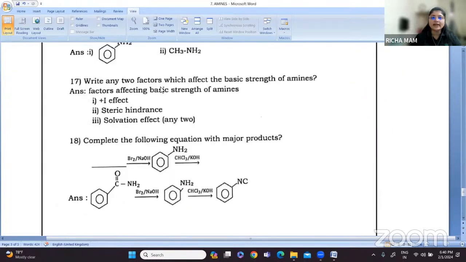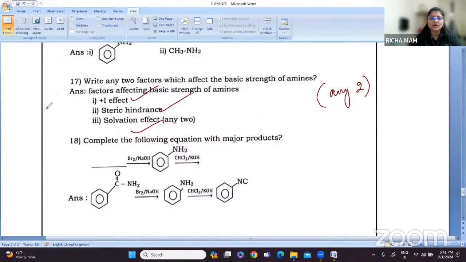17th question. Write any two factors which affect the basic strength of amines. What are the factors which will affect the basic strength of amine? First is the plus I effect. Second is the steric hindrance. And the third one is the solvation effect. So you have to write any two effects.